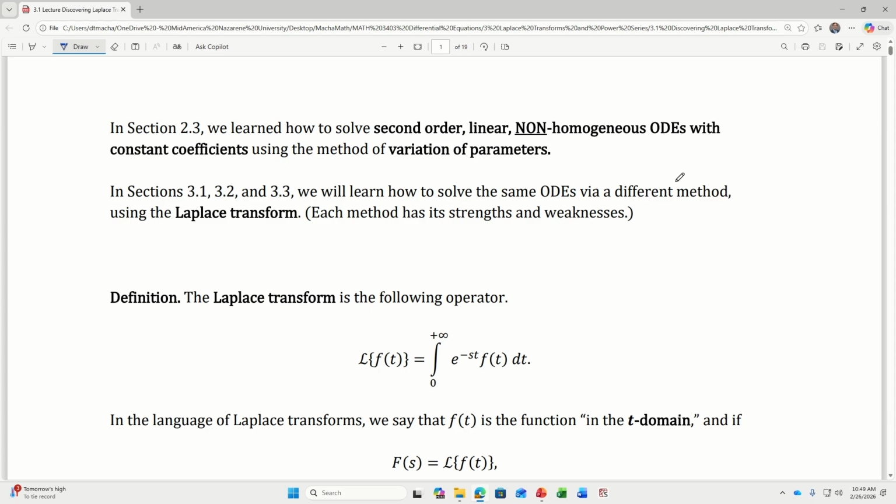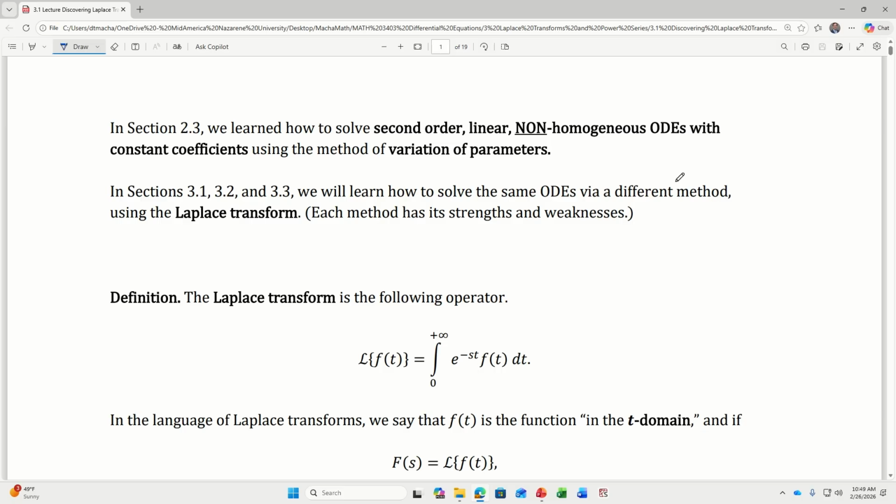In section 2.3, we learned how to solve second-order linear non-homogeneous ODEs with constant coefficients using variation of parameters. What we are about to do for the next week or so is learn how to solve some of the same ODEs using a different method called Laplace transforms.